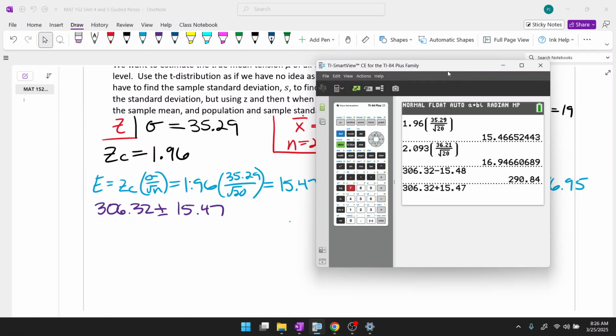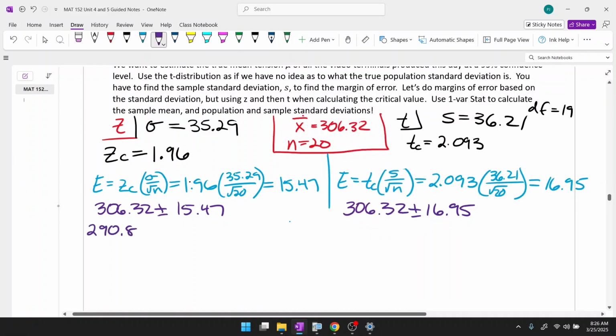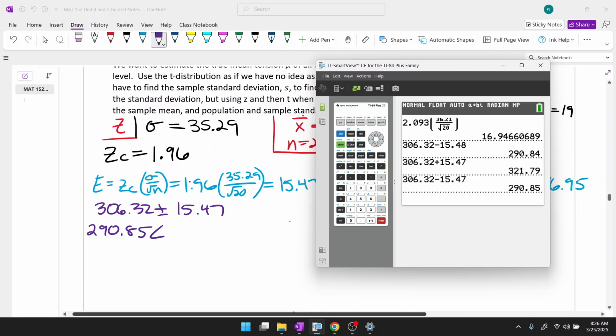Yeah, 15.47 it should be. And we go from 290.85 to 321.79.